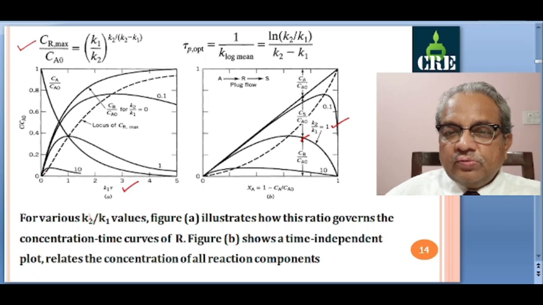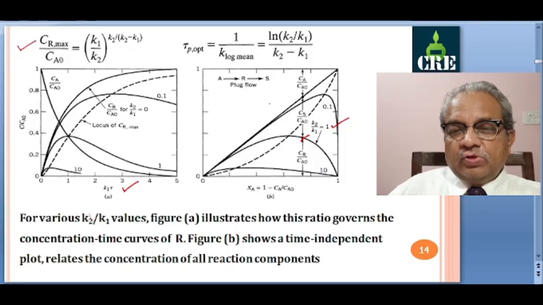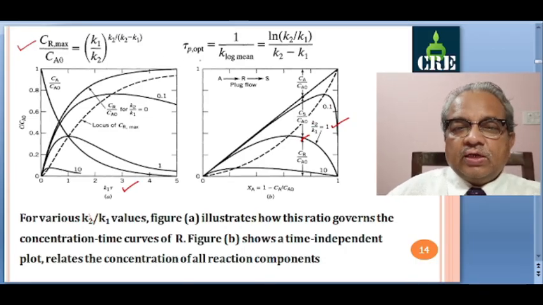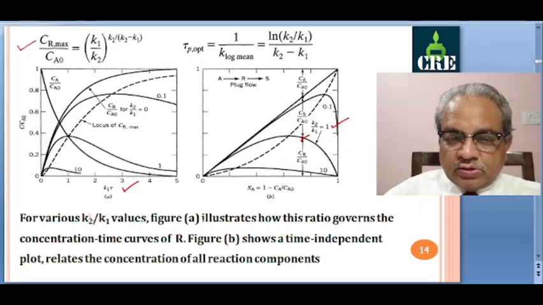By difference, this will give CA by CA0, this up to CR by CR0, and the remainder is CS by CS0. If you have these charts available for certain values of K2 by K1, you don't have to do all these calculations to find CR, CS and Cmax. This chart can be easily used to determine the concentrations, which we will also see in problem solving.